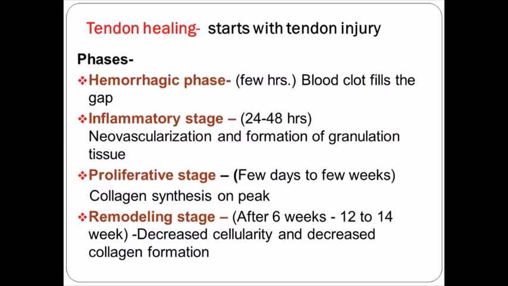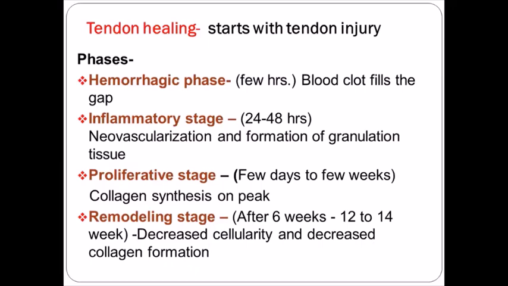Now there are 4 stages: the hemorrhagic phase, which is for a few hours, then the inflammatory stage between 24 to 48 hours, and the most important is the proliferative stage, which is for a few days to a few weeks, when collagen synthesis is at its peak.